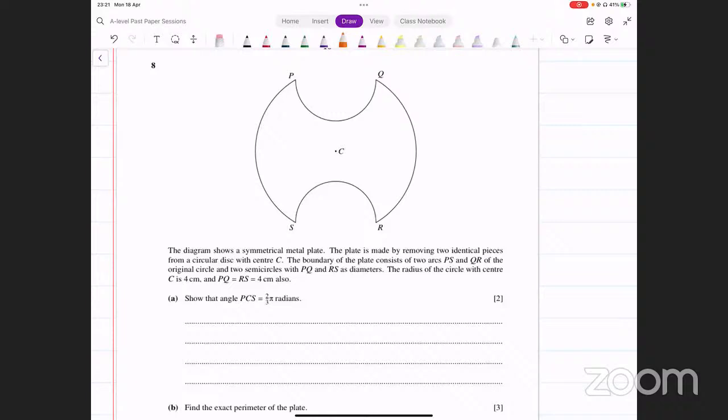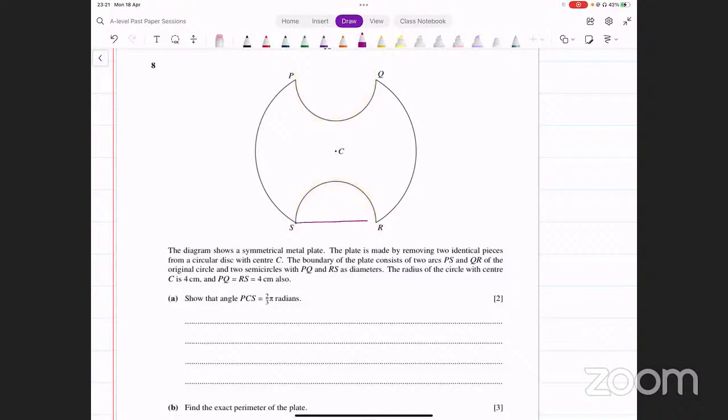the boundary of the plate consists of 2 arcs, PS and QR. So these are the 2 arcs that you've got, QR and PS. And 2 semicircles, PQ and RS. So these are semicircles, as stated: this is one semicircle and this is another semicircle, with PQ and RS as diameter. You can actually draw them just to understand them better.